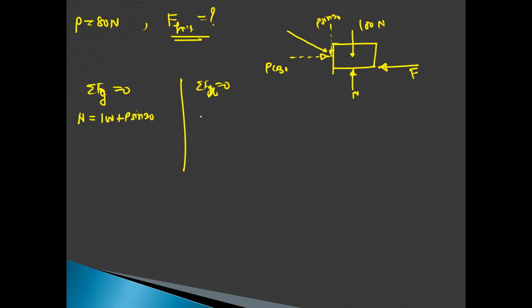From summation Fx equal to 0, you get the equation F is equal to P cos 30. I have directly written this value. So F is equal to 80 Newton into cos 30, which is 69.28 Newton.